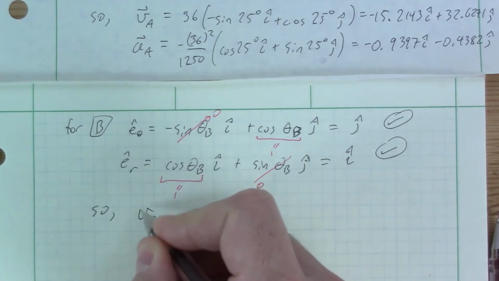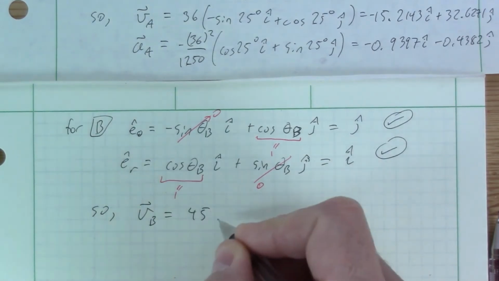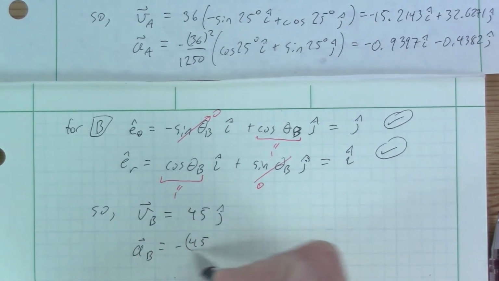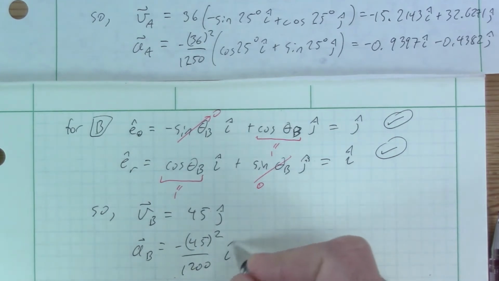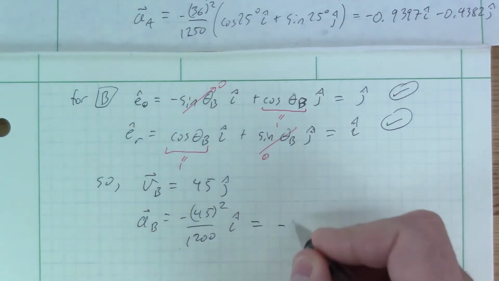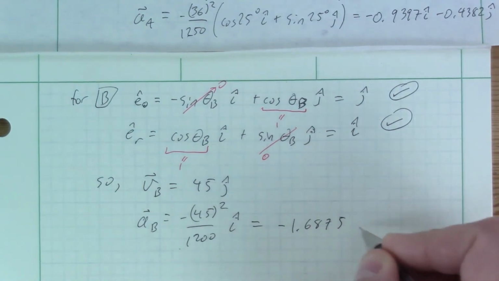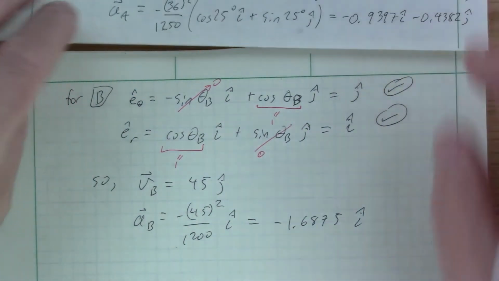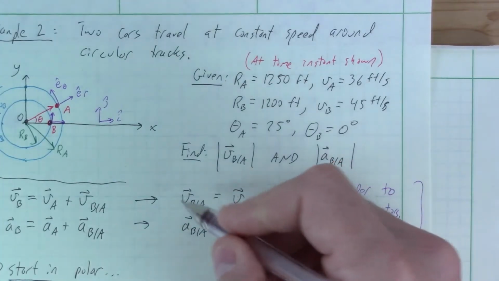So VB is then just 45 j hat, because the speed is given as 45, and our acceleration is going to be minus 45 squared over 1200, just plugging in the given quantities here, all in the i hat direction, which is minus 1.6875 i hat. Okay, we've got it now. So let's see. Now we're going to be plugging things into here.